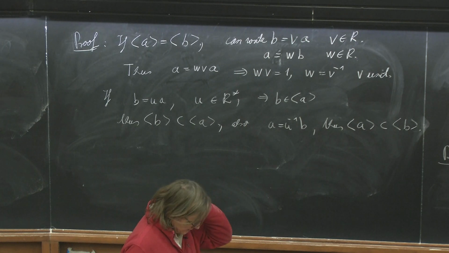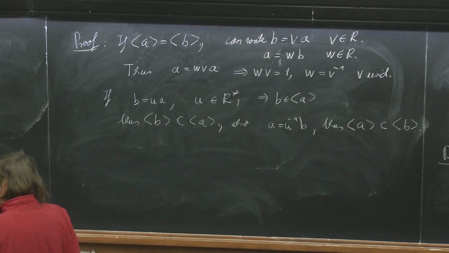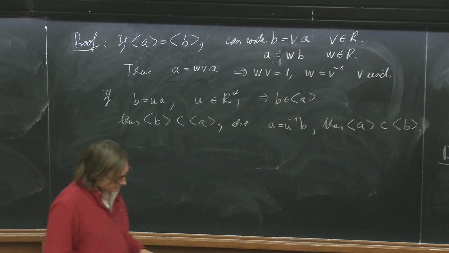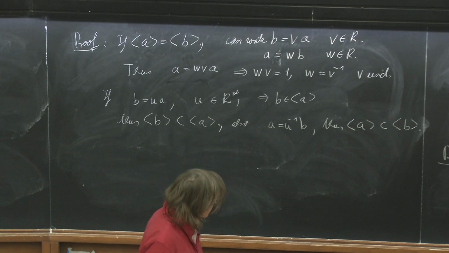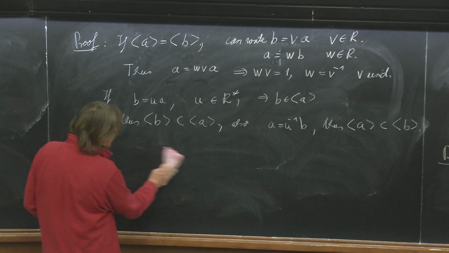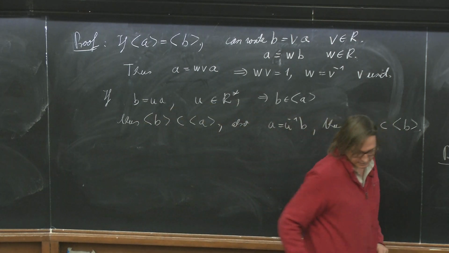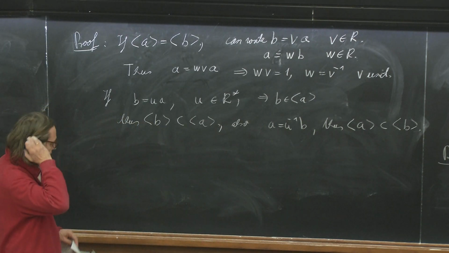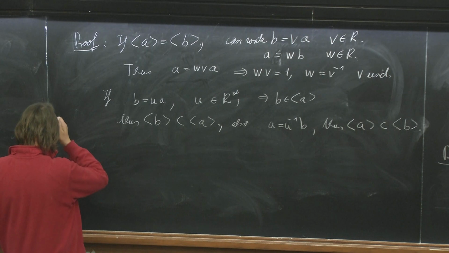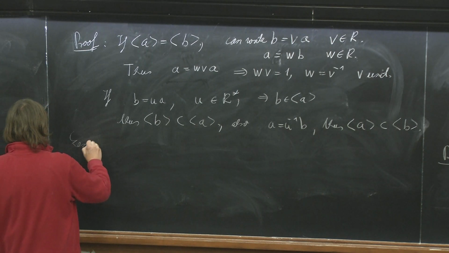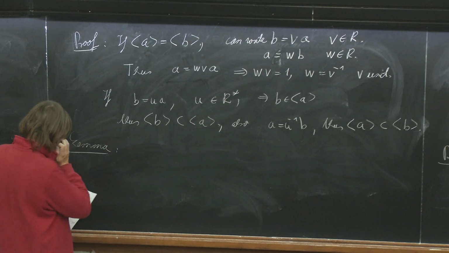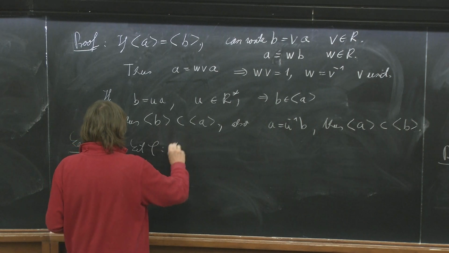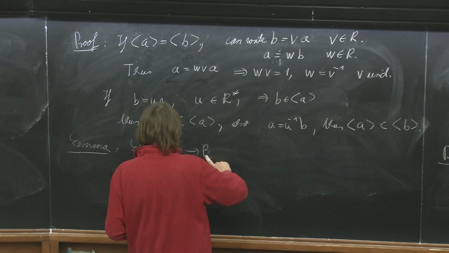So now I claimed before that the kernel of a ring homomorphism always has to be an ideal. Now I will state that and prove it, and we'll also do some kind of converse. So this is the following lemma. The most interesting part is the first, but anyway, let phi from A to B be a ring homomorphism.